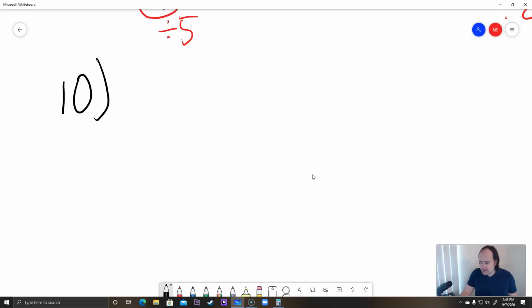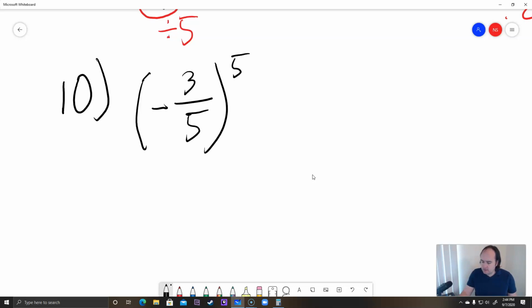So for this one we have parentheses negative 3 over 5, parentheses to the 5th power, or as people say, the quantity negative 3/5, quantity to the 5th power, times 1 over 3. Okay, so the quantity negative 3/5, quantity to the 5th power, times 1 over 3.